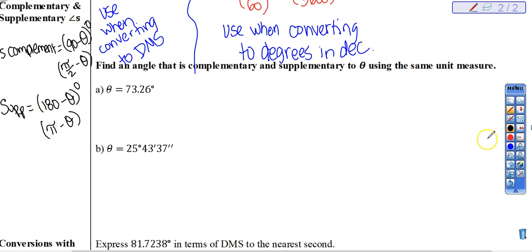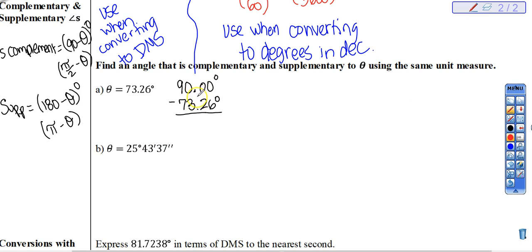So I'm going to take 90 degrees, but I've got a partial degree, so I'm going to do 90.00 degrees minus 73.26 degrees. And of course, you guys are going to pull out your calculators and do that math, which is great, but it's not going to help you when we do B. So you need to pay attention to what I'm about to do in A, because I'm going to explain it in B.